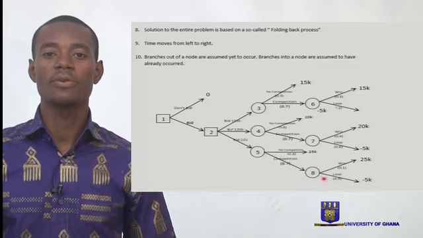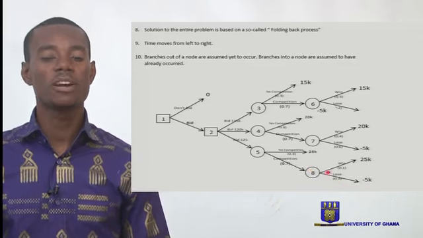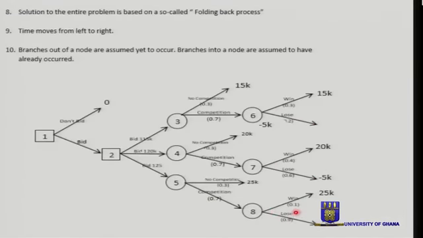So here, if I'm supposed to do the folding back process, I start from node 8. This is a circle node where all I have to do is find the expected monetary value. So I take the probability, multiply it by the monetary value here, plus this probability multiplied by this. Whatever it is, I put the value here. So I am done with this one.